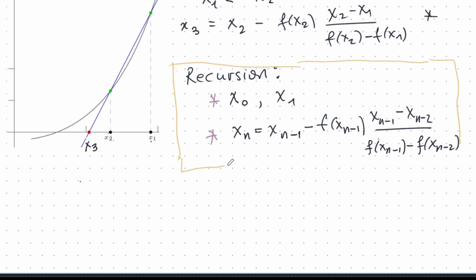And let's make it a bit more specific now. We want to apply it to the case of finding the square root of 2. So we will apply this to a concrete example. For our concrete example, we'll take a function f of x is x squared minus 2. So the root of this is when x is the square root of 2.